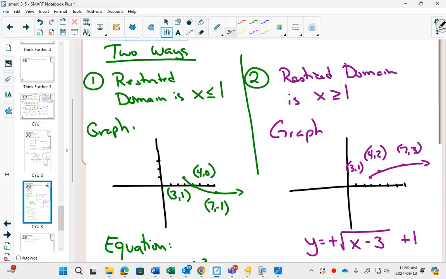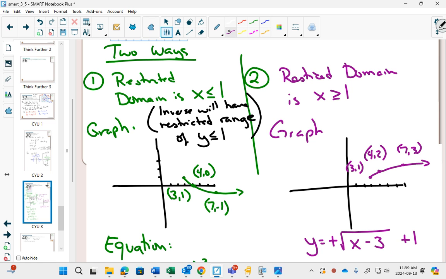So if you restrict the domain of the original function to be x less than or equal to 1, this also means that the inverse would have a restricted range of y less than or equal to 1. Do you see that on our graph? That the y values go down from 1 as a restriction.